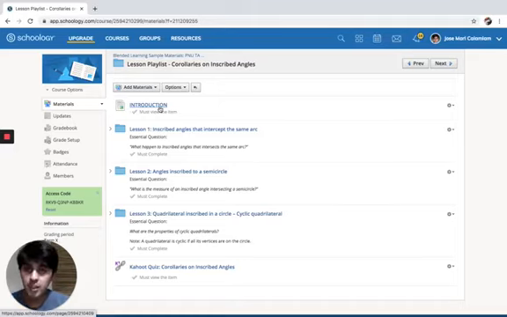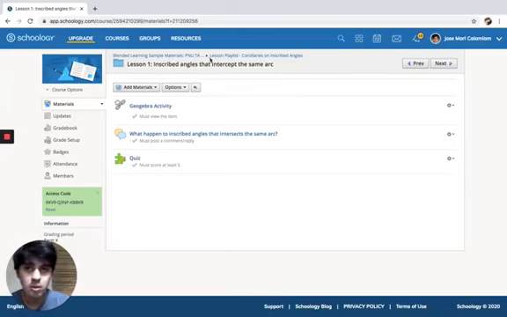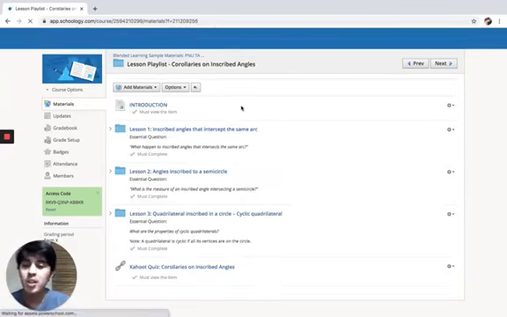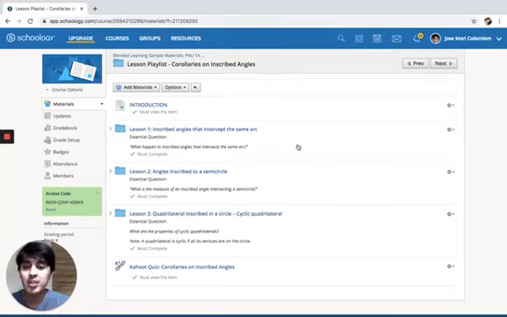But this time, this is a discovery method for 3 different lessons, and once they discover the content for the 3 lessons, each lesson will give them an answer to the essential question: what happens to the inscribed angles that intersect the same arc? Each lesson represents one corollary for inscribed angles.